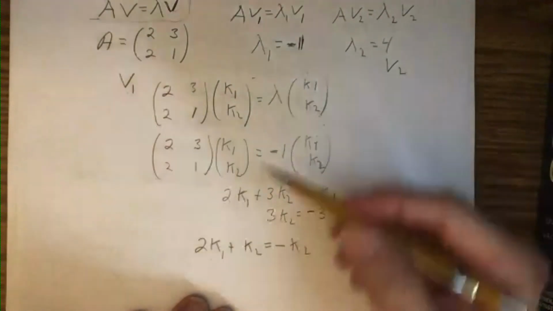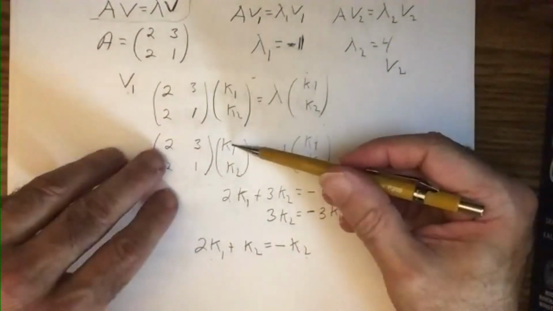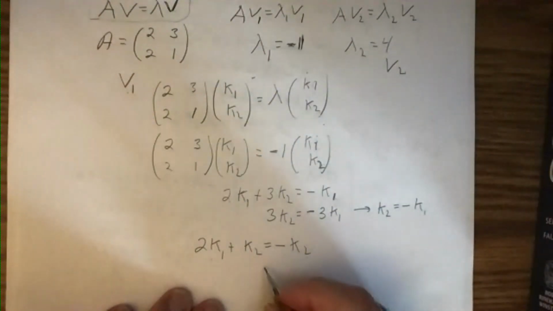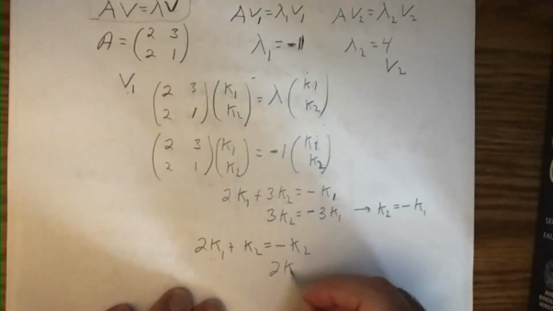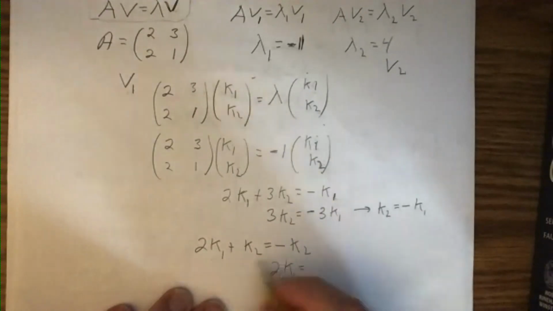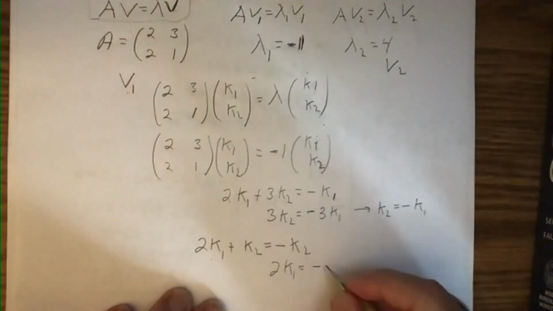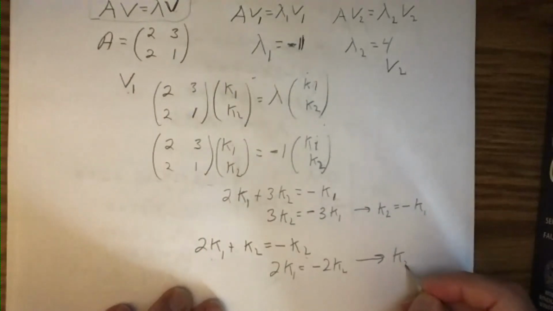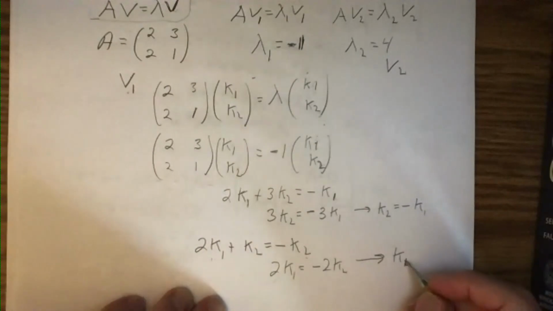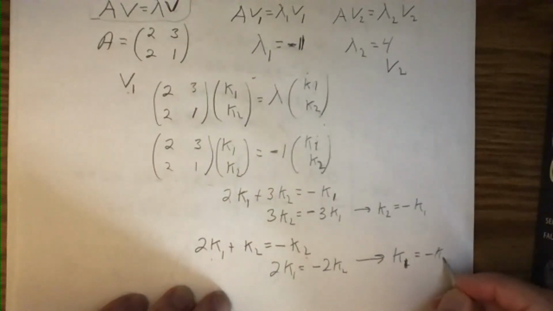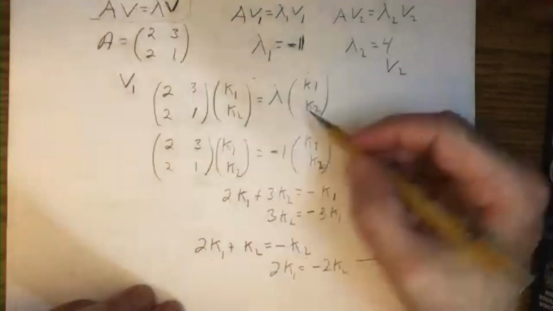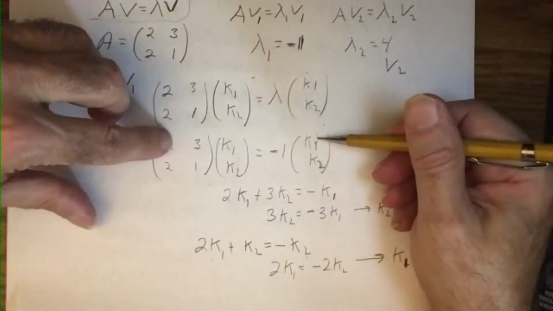When I bring this over to here, I'm getting that 2K1 is equal to minus 2K2. So here I'm getting K1 is equal to minus K2. But the same thing, right?